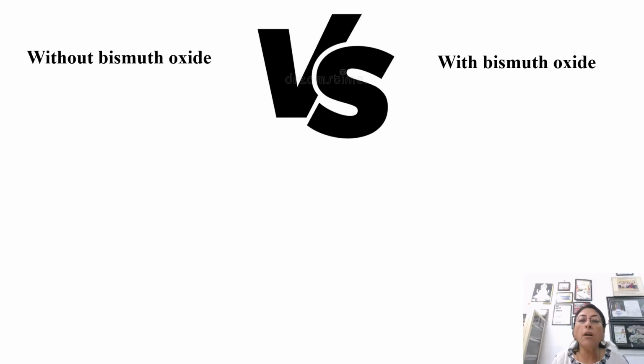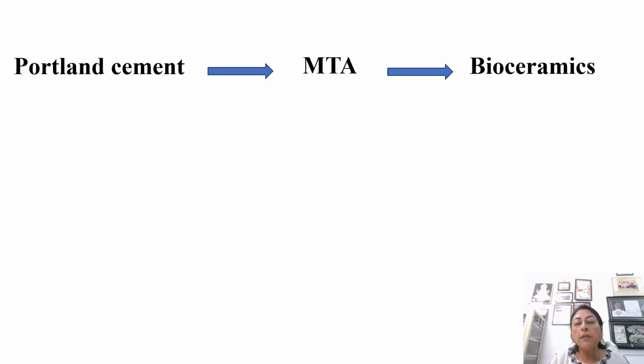Depending on the degree of radiopaqueness desired, various ratios of additive may be used, but in the formula that was devised by Torabinejad, 1 part of bismuth oxide was used for 4 parts of the Portland cement. So now we have understood that whatever way the Portland cement used to be, it has seen a sea change.